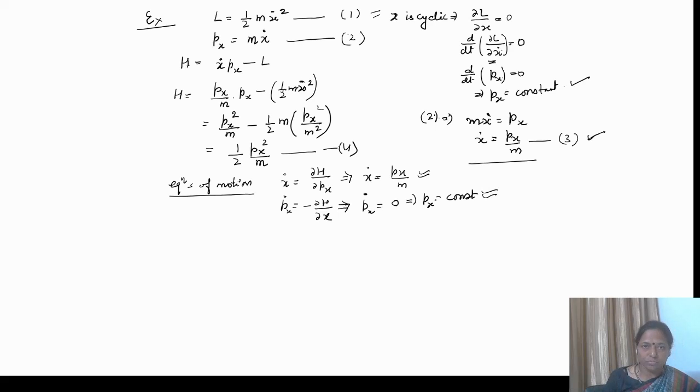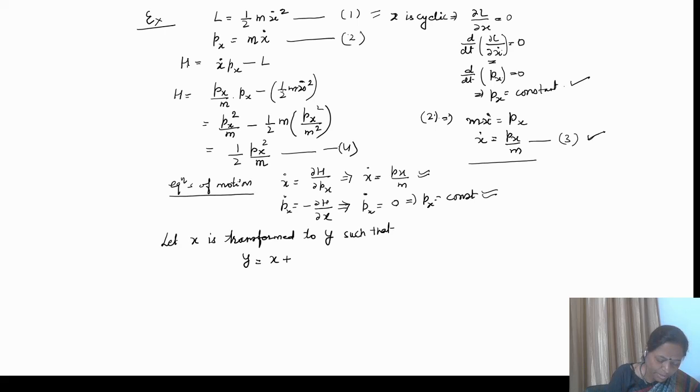Now I shift to a new coordinate system. That means there is a transformation so that I get a new coordinate system. Let x be transformed to y such that now I define y equal to x plus v naught t.